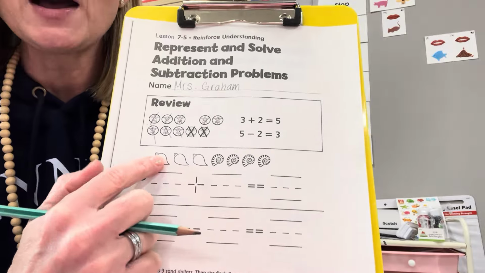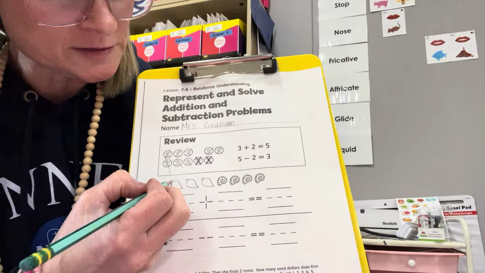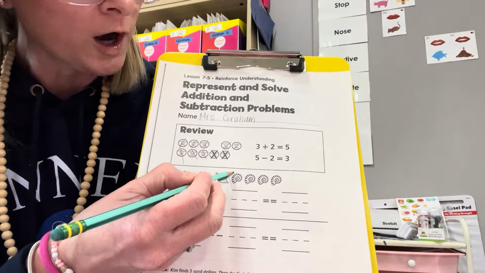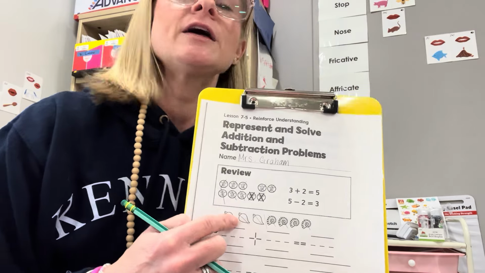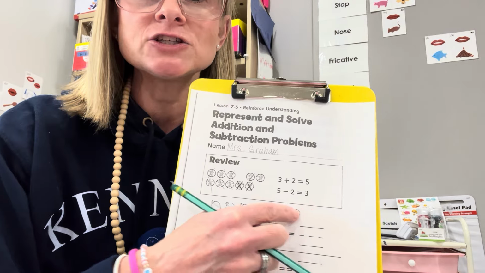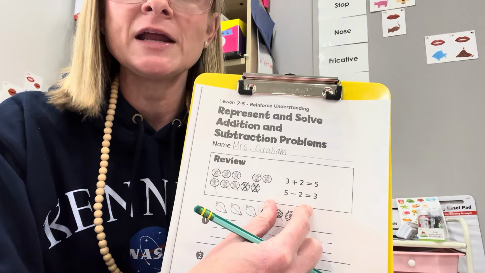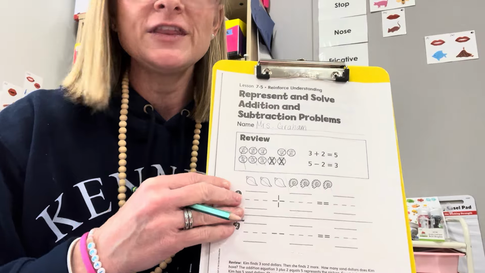So I could say he finds 3 shells. 1, 2, 3. Cross them out. 1, 2, 3. Then he finds 4 more. 1, 2, 3, 4. Remember, when we're working with drawing a picture to match the equation, we want to make sure we keep group 1 and group 2 separated so we can see how many are there.